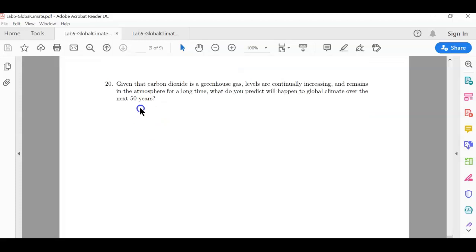And then last, given that carbon dioxide is a greenhouse gas, levels are continually increasing and remain in the atmosphere for a long time. What do you predict will happen to global climate over the next 50 years? Again, that is slightly speculative, because it is the best we can do as scientists thus far. As I said, there is a correlation between temperature and CO2.